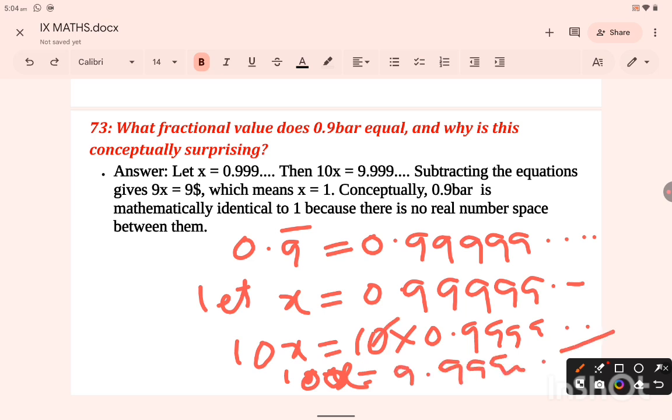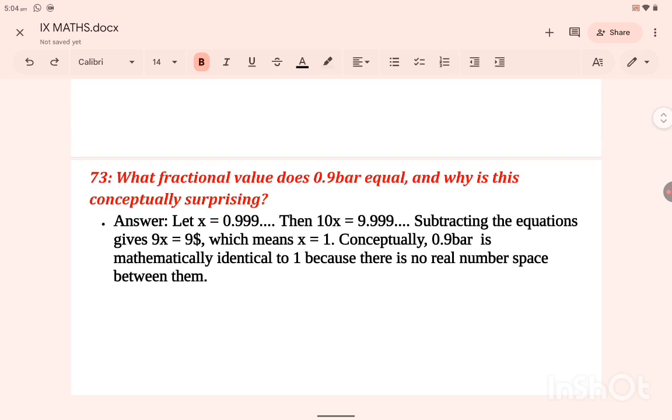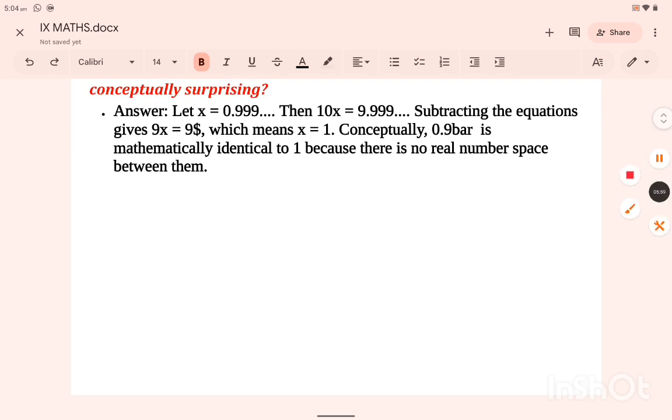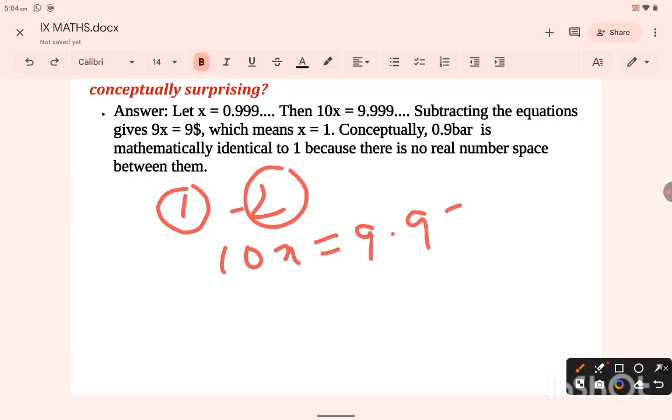Call this equation 1 and the original equation 2. Now we do 1 minus 2. That gives 10x is equal to 9.999999 and so on, and x is equal to 0.999999 and so on.